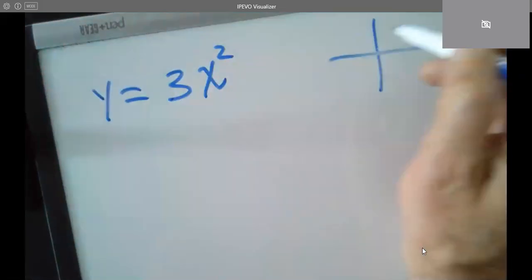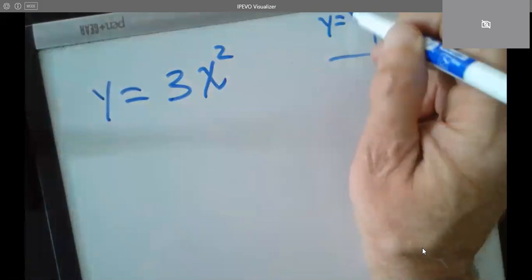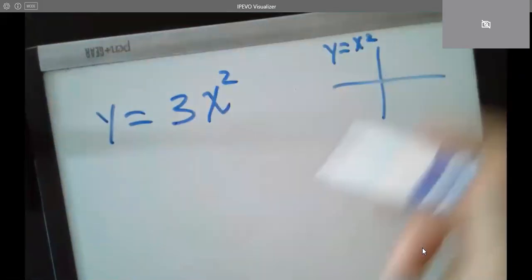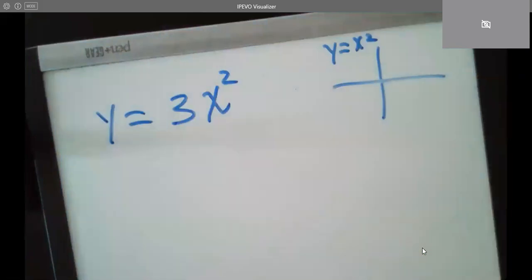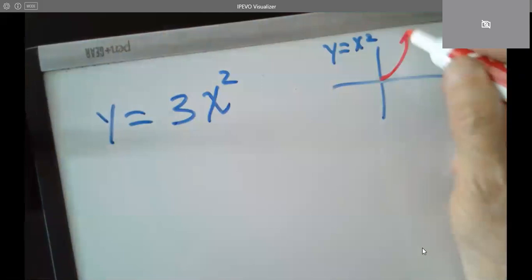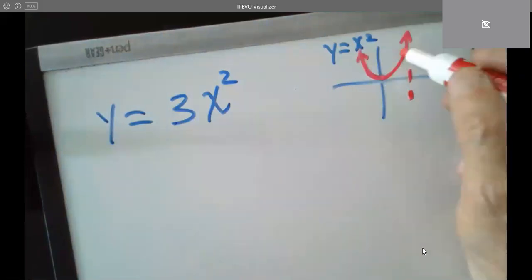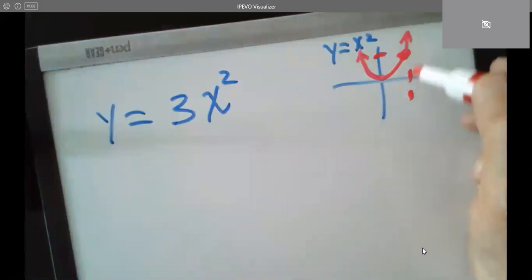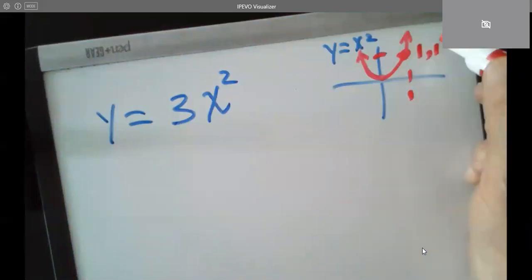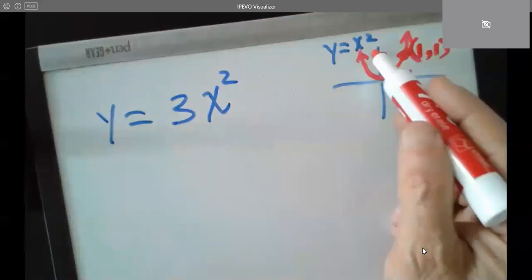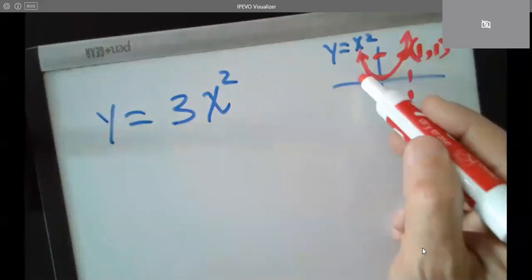Well, y equals x squared, we'll call this the parent graph. If you look at the original graph without the 3 in it, when x is 1, y is 1, and when x is -1, y is +1.